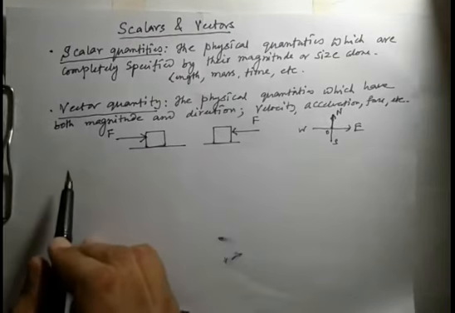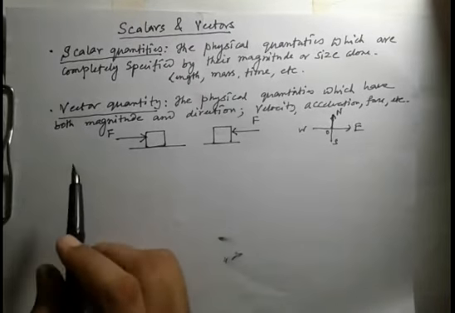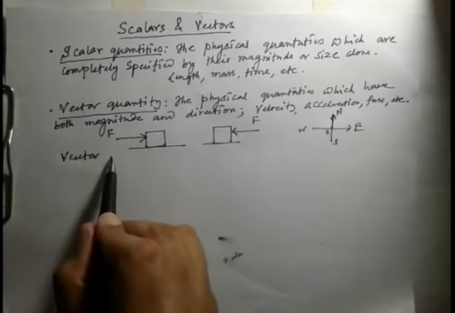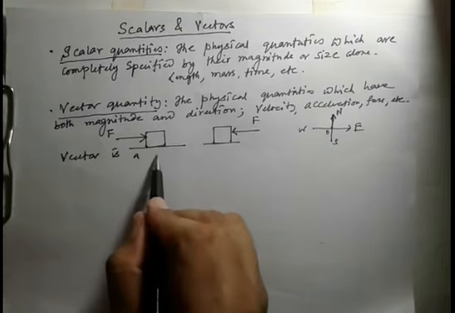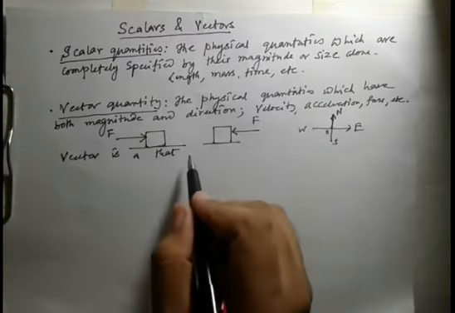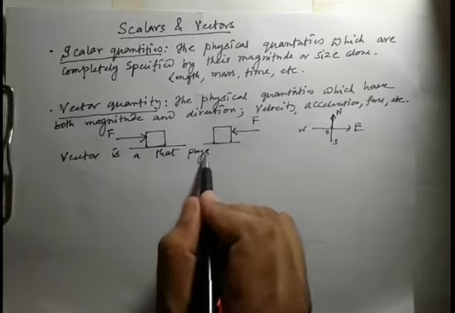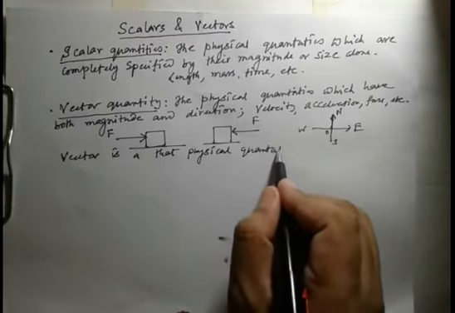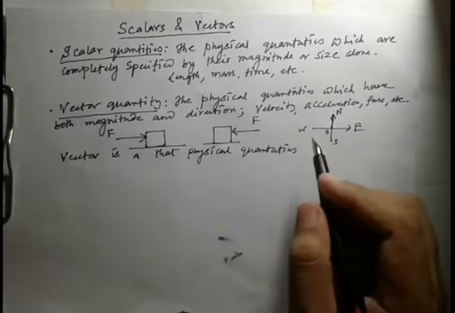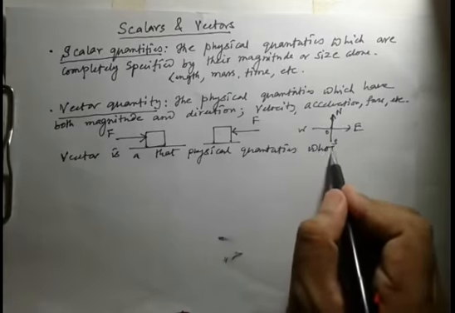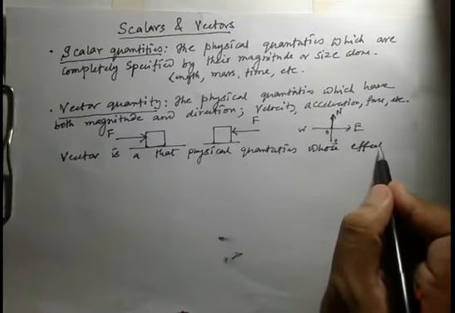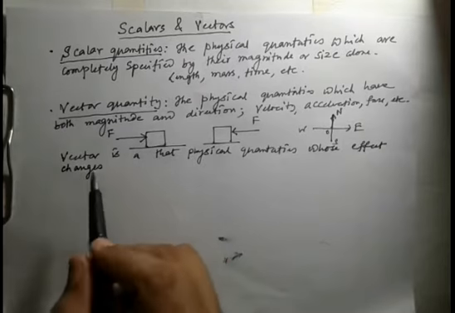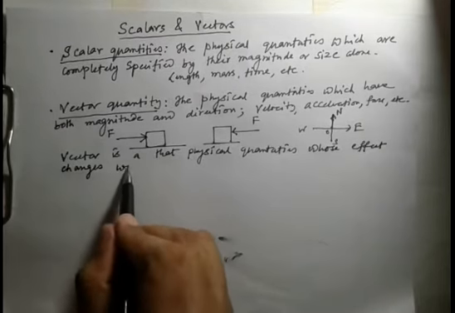So also you can write the vector is that physical quantity whose effect changes with the change in direction.